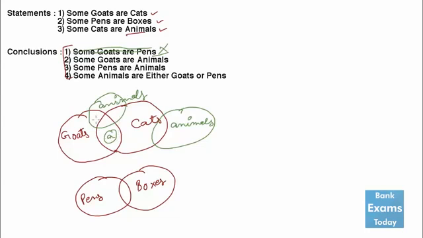If we look at these two circles, the goat circle and this animal circle, then we will find that this conclusion is following. But give a look to this circle. If this is the situation, so here are animals and here are goats, then the second conclusion doesn't follow.